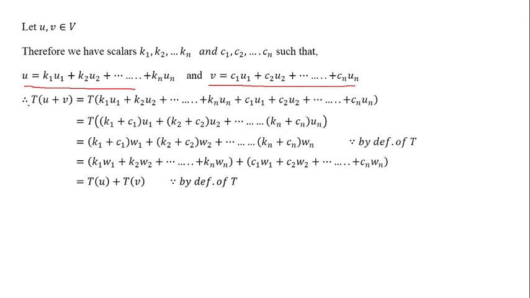Therefore T operating on u plus v is, whatever u is here, k1 u1 plus etc. kn un, and v is c1 u1 plus etc. cn un. Now collect the coefficients of ui's together.